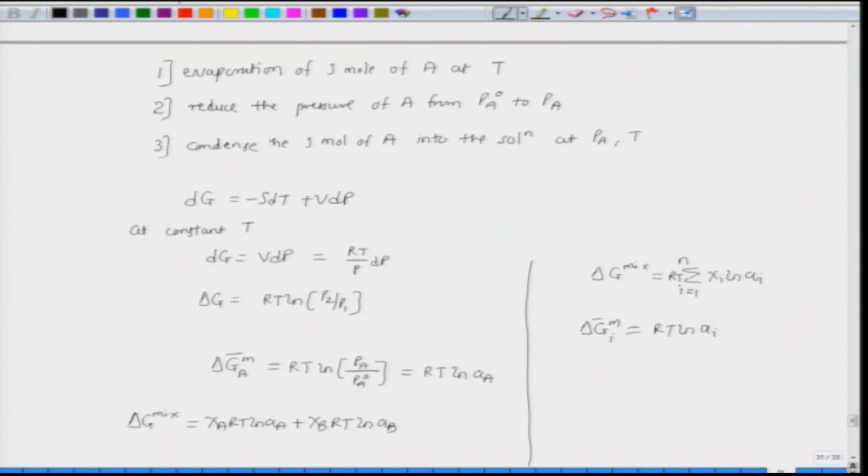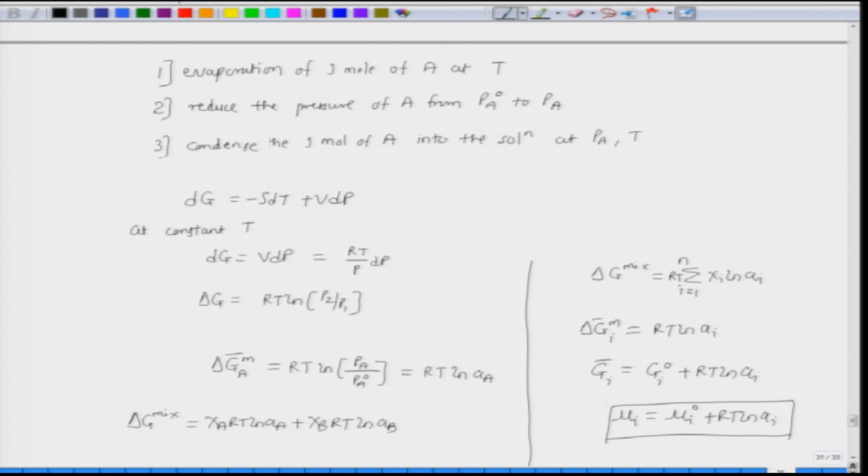Now, we know delta G m i bar was G i bar minus G i 0. So, we can also write this as G i bar is equal to G i 0 plus RT ln a i. Again, this equation you are all familiar with, I suppose, because G i bar is nothing but mu i. So, we can write this as mu i equal to mu i 0 plus RT ln a i.